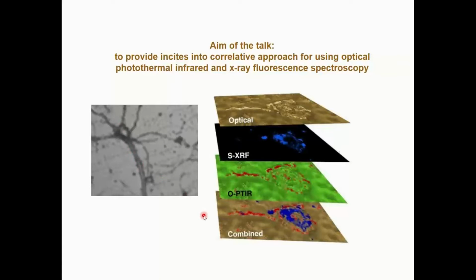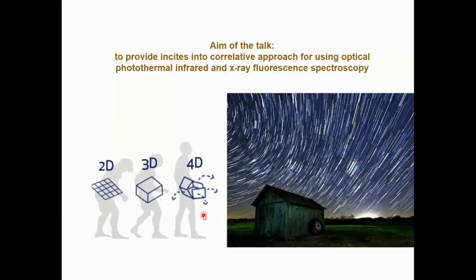So we use optical, synchrotron X-ray fluorescence microscopy, optical photothermal infrared spectroscopy, and we combined all images and try to explain what happens in the neuron. So in this way, I believe that we could get much more complementary information about the sample and explain better what can happen in the cell in a very complex environment.